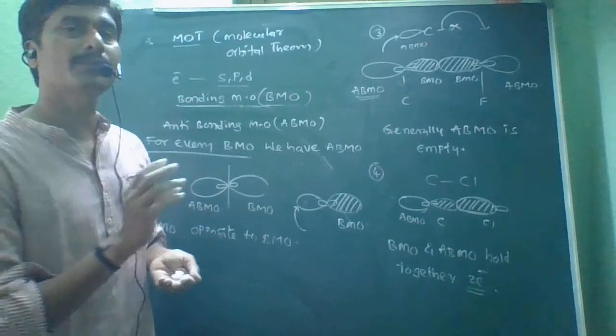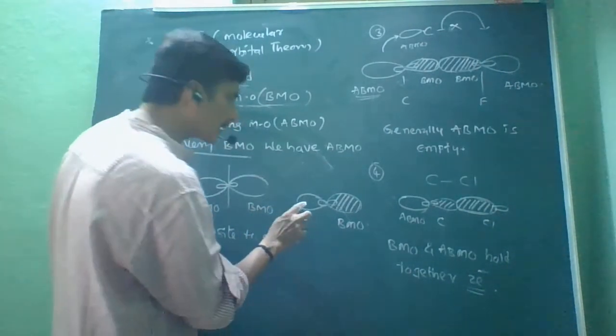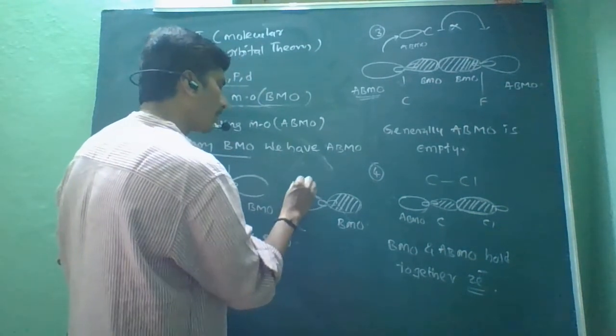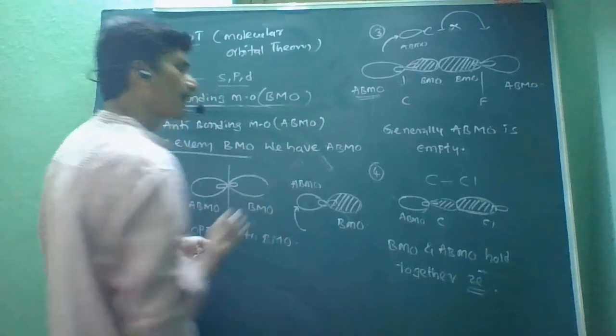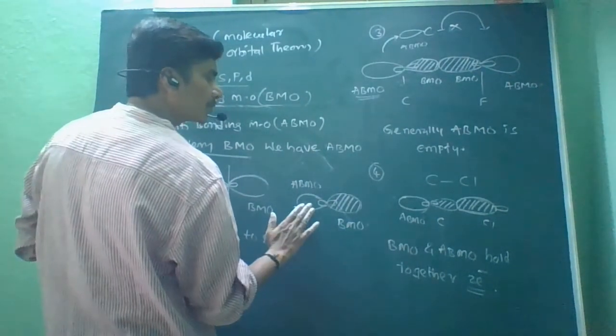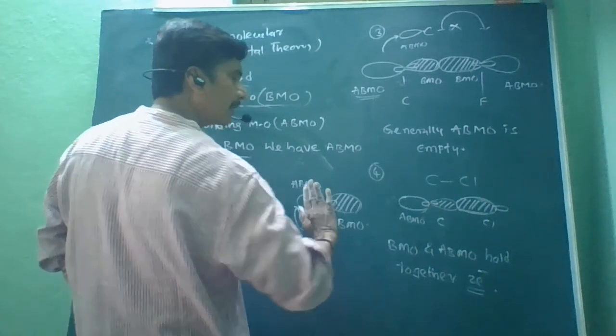So if a strong force is increasing the electron density on this anti-bonding molecular orbital, then one nucleophile enters into this, and the nucleophile which acts as a leaving group will leave.